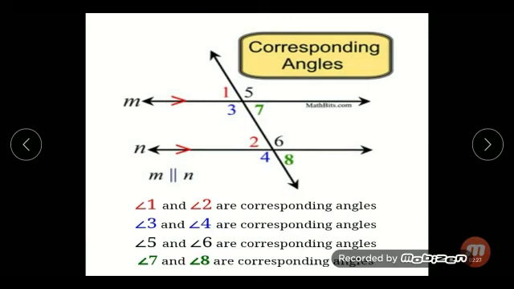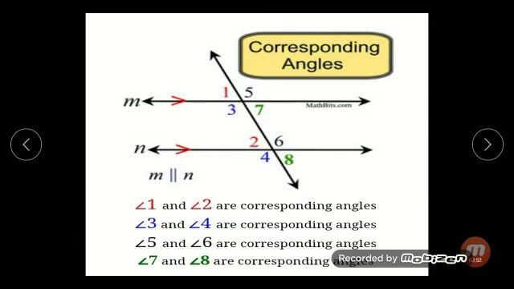In this given figure, if we consider angle 1 and angle 2, the arms which are on the transversal are in the same direction, that is, the upper direction. The other arms of the angles are on the same side of the transversal.